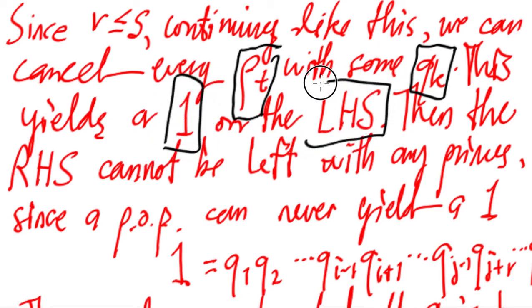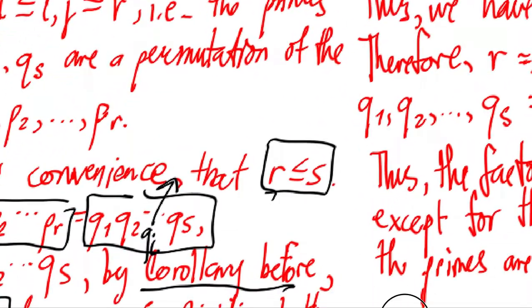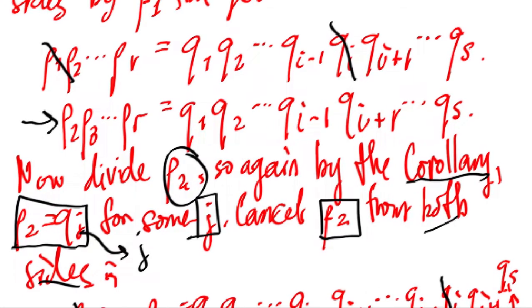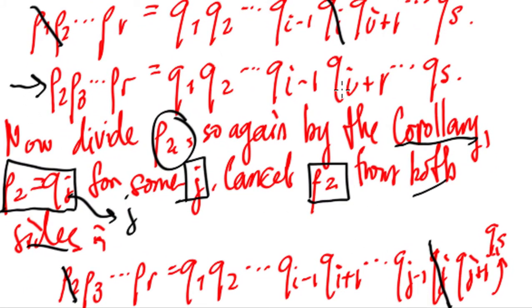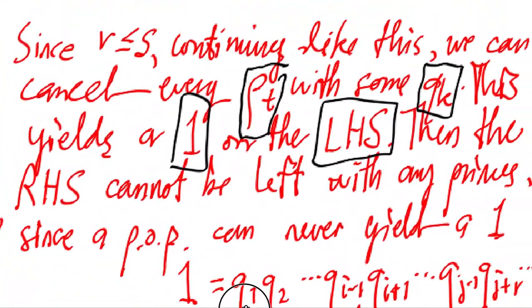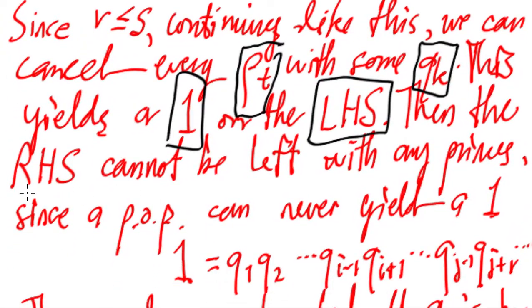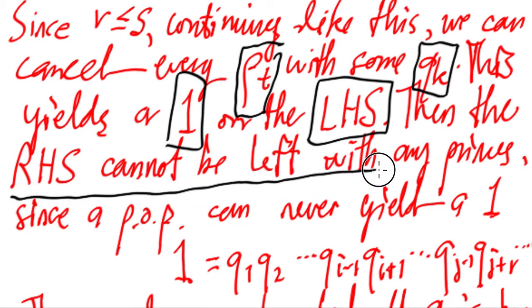You can see from the example before that if we continue in this process, we can get rid of all the p's up until p sub r, but retain some q's, which are left. Then the right-hand side cannot be left with any primes, because we have canceled all the primes. We have canceled all of them because p sub 1, p sub 2 up until p sub r is equal to q sub 1, q sub 2 up until q sub s.